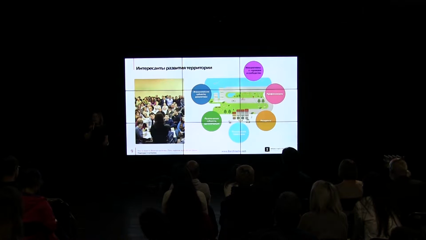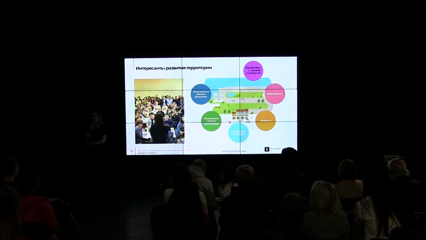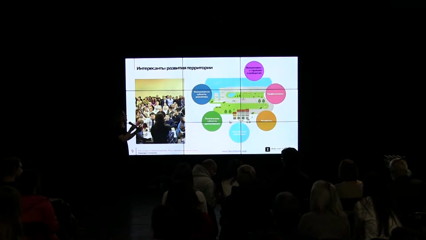The other group are political subjects, because there are municipal level governments and federal level governments. Sometimes they lack coordination, even within one city, let alone one region. Plus there are MPs who have their own interests.